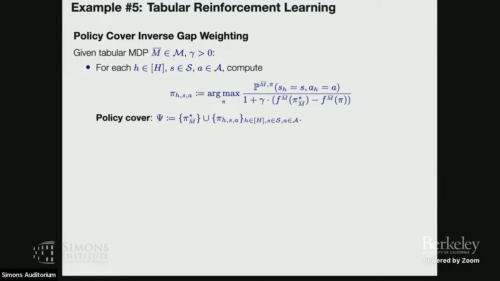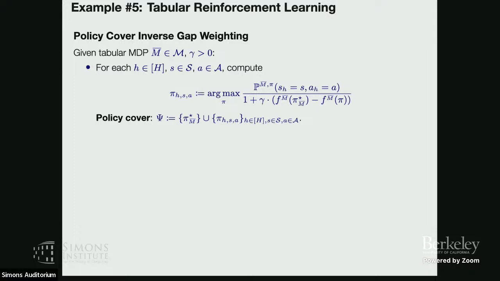So again, let's fix the reference model M bar. This is going to be an MDP, and this parameter gamma. And for each HSA tuple, we're going to compute what we'll call a homing policy pi HSA. This is going to be a policy that maximizes the ratio of two terms. One is the probability that we hit state S and action A at step H. That's where the HSA come in.